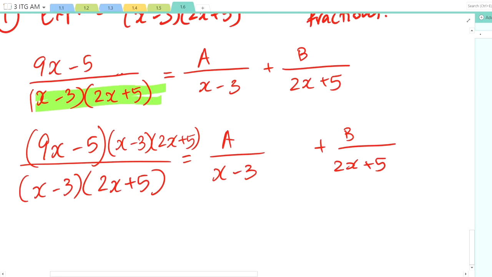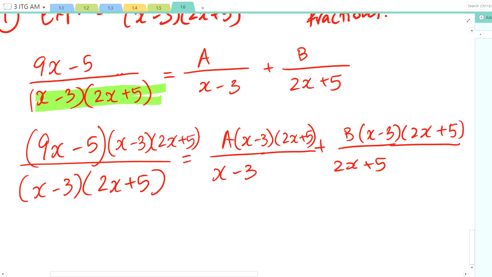Since I multiply the left hand side by x minus 3 and 2x plus 5, I must also do the same for the right hand side. So over here, x minus 3, 2x plus 5. Likewise over here, x minus 3, 2x plus 5. The left hand side will still be equal to the right hand side, because whatever I did to the left, I've done on the right.